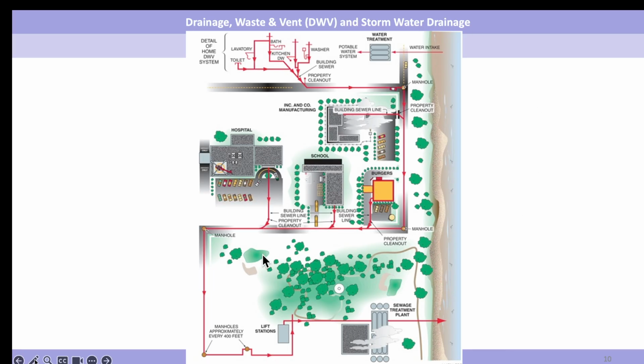Let's see the big picture in a city. Suppose this is a residential building. We want to remove wastewater from the residential building to the public street. You can find other buildings, hospitals, and schools.